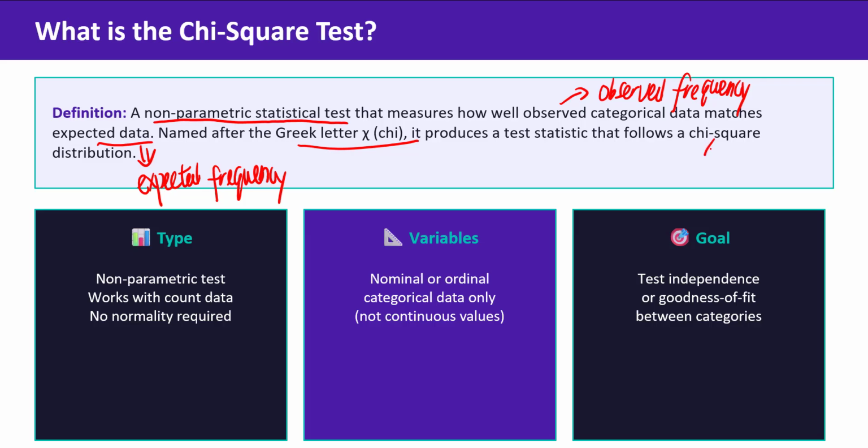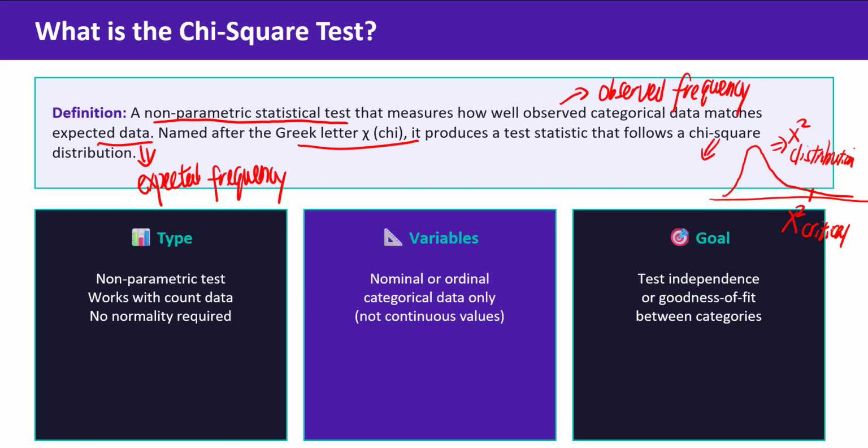The chi-square distribution looks like this, a typical chi-square distribution. We have a critical chi-square value on the right tail, and we compare the test statistic with the critical chi-square value to make the final decision.